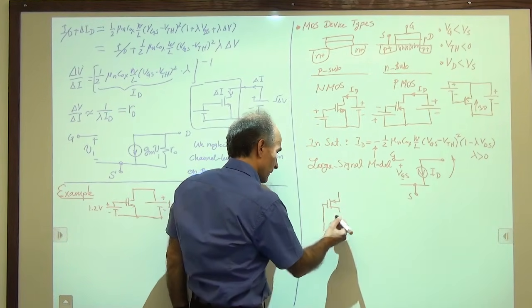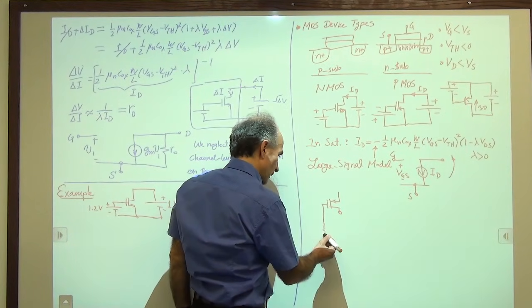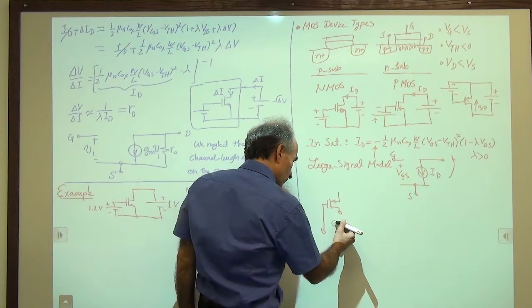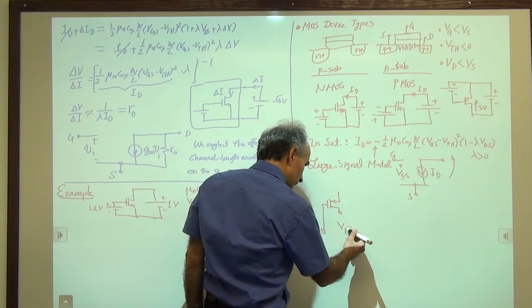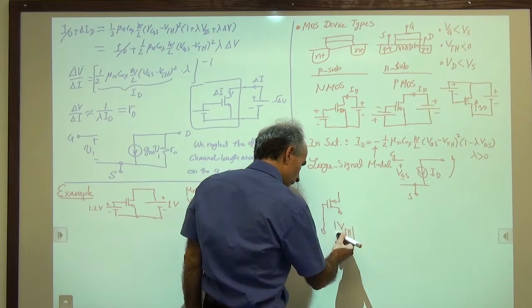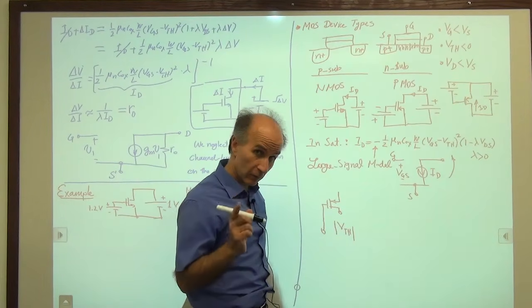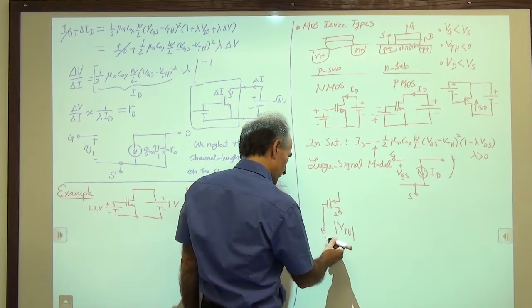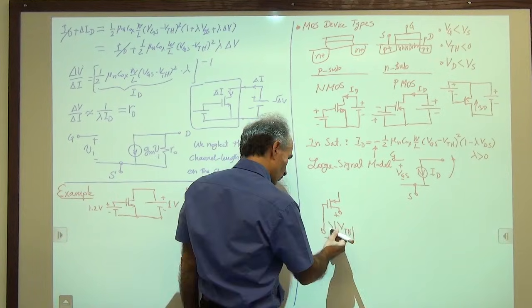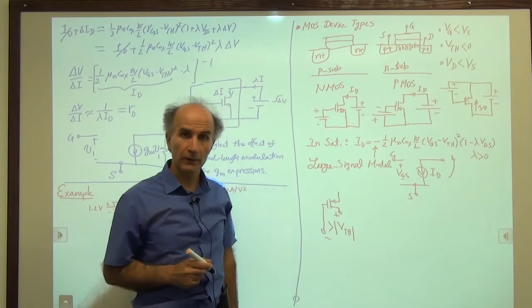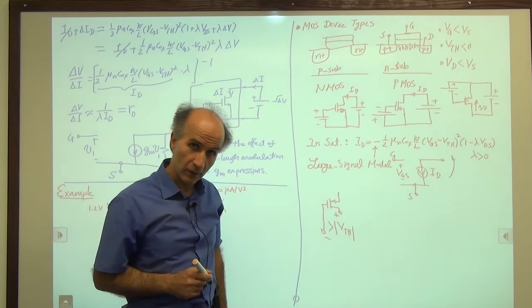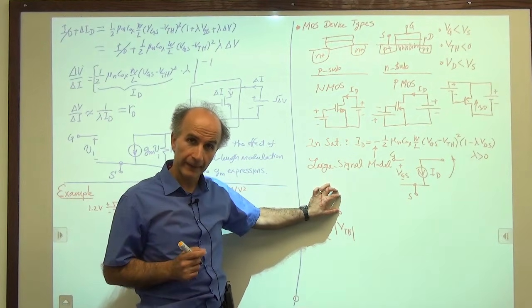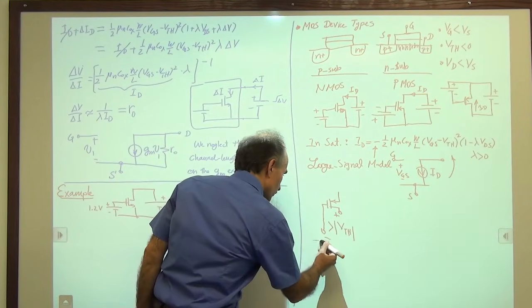Well, if the drain is higher than the gate by an amount greater than the absolute value of the threshold voltage, because threshold is negative. So if you have positive, negative, and this difference is greater than the threshold, then the device is in triode region. The magnitude of this VDS is too small. All right, so this is in triode region.